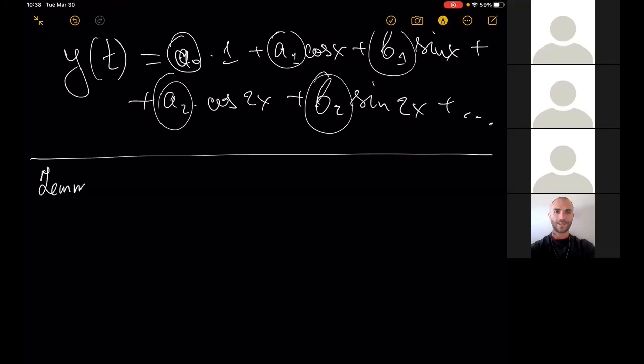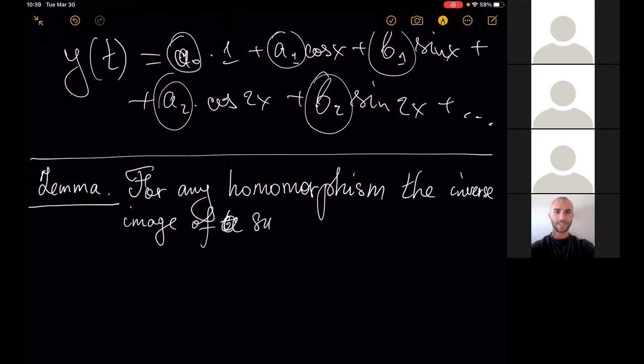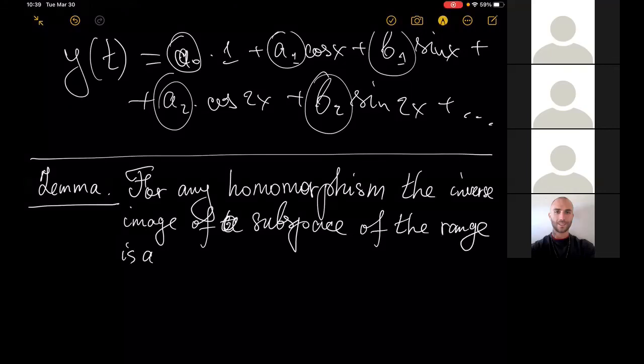Lemma: for any homomorphism, the inverse image of a subspace of the range is a subspace of the domain.